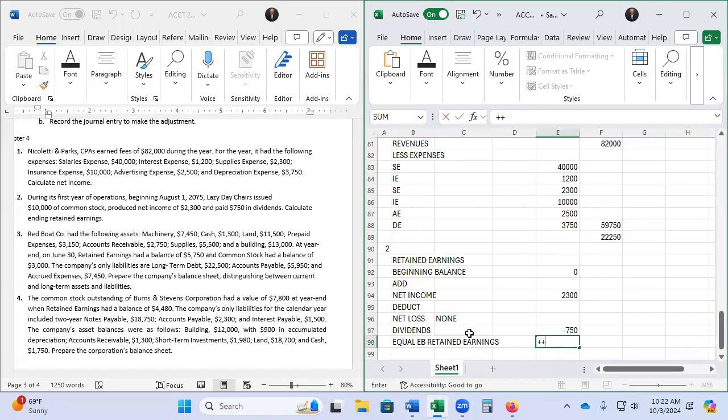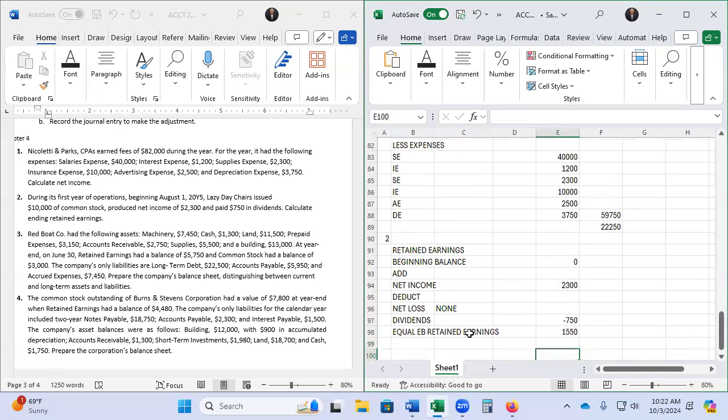And so here, 0 plus the 2,300 less the 750 gives us 1,550.